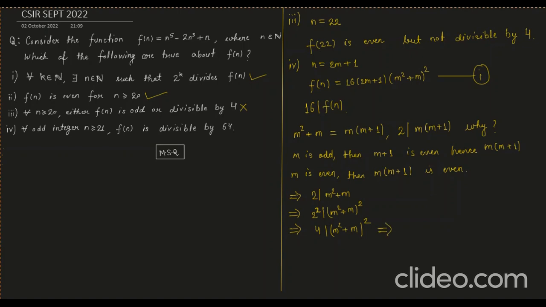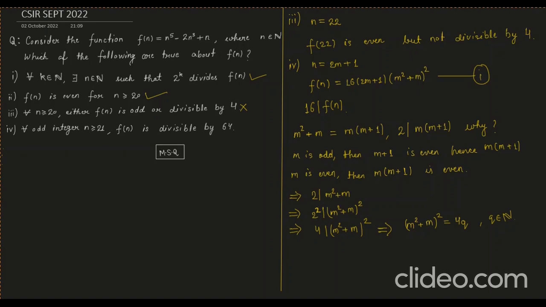This means that (m square plus m) whole square can be written as 4 times some number q, where q belongs to natural numbers, right? If 4 divides (m square plus m) whole square, it means it can be written as some multiple of 4. So it can be written as 4 times q, right?